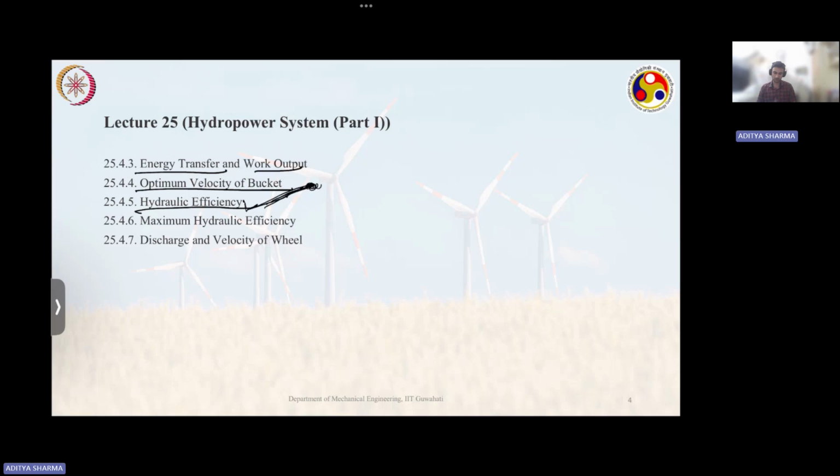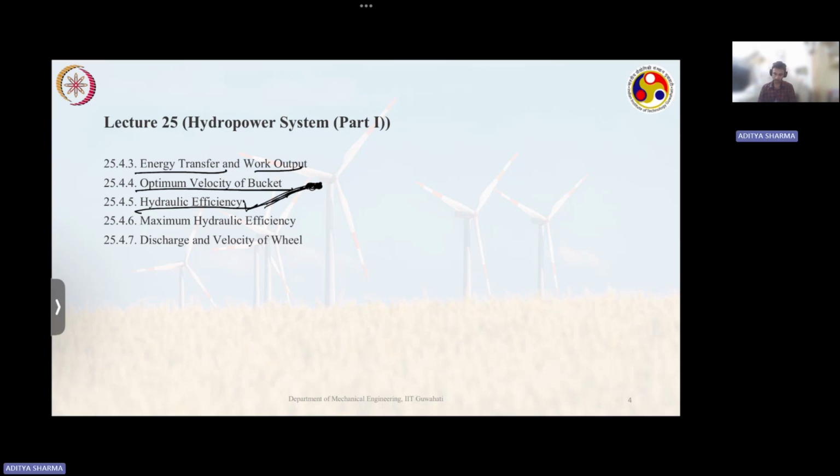The useful energy, and divided by the kinetic energy that you are giving to your turbine. So that is the efficiency. Yes.